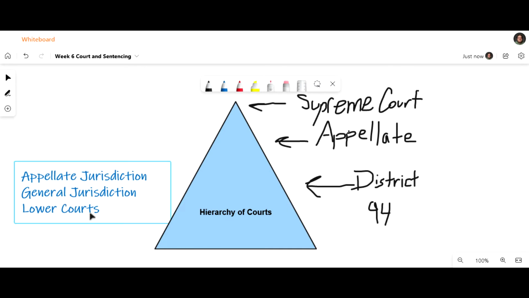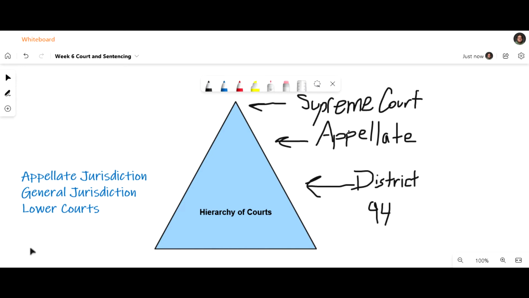And then the lower courts, regardless of what the names are, these change state by state, legislature by legislature. It varies, but they're commonly known as the lower courts, which is why I've used that term since the beginning, so that you understand it's not that they're lesser, it's just that they're the bottom of the pyramid. This is the common term used to talk about them, even though they have a bunch of different names.